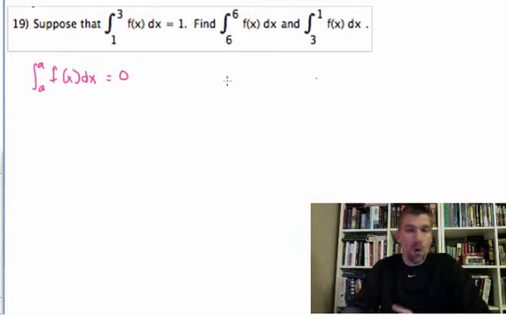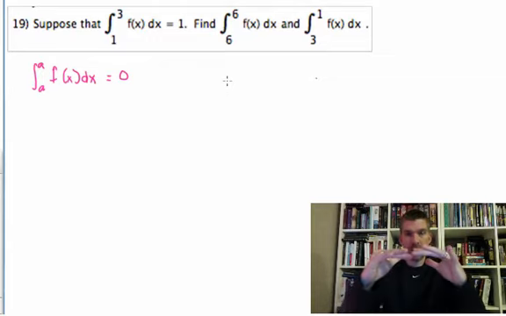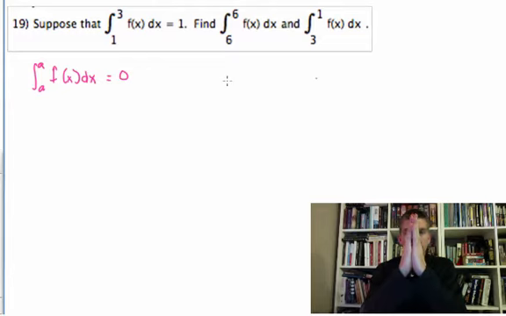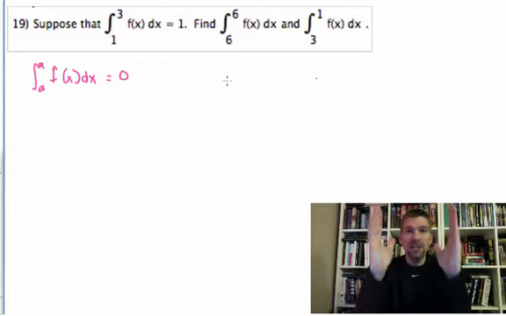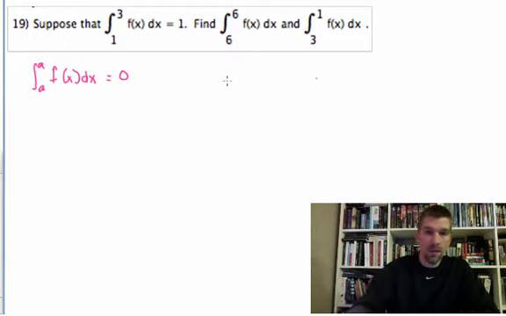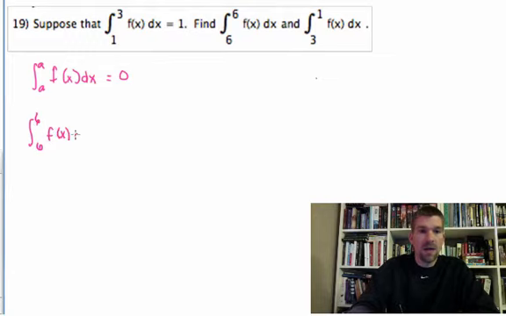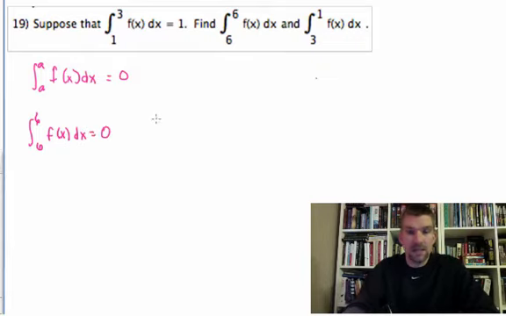It's 0. Why? Because integrals determine area under curves, and if I start and stop at the same place and don't move to create any shape with area, then I have 0 area. So the integral from 6 to 6 of f(x) dx is a carbon copy of this rule. That's a big old fat 0.